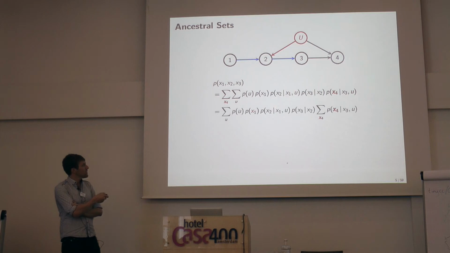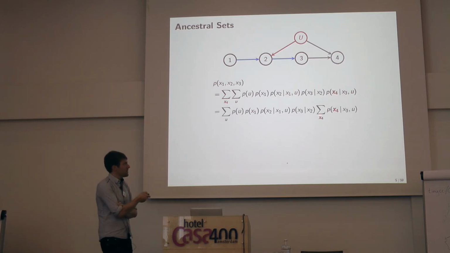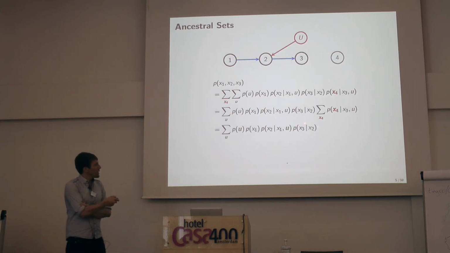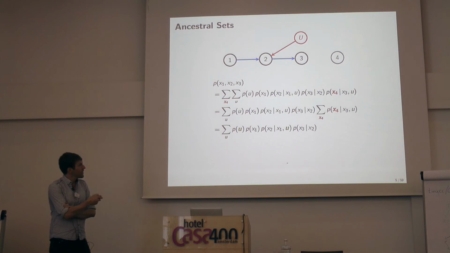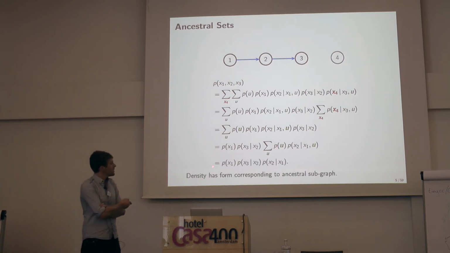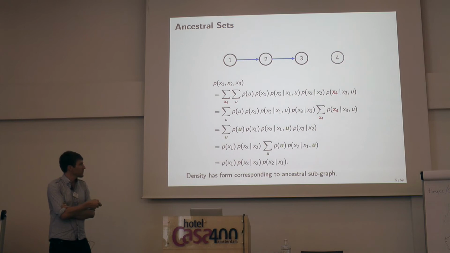So I can push my sum all the way through, and then when it appears in that factor, you just get something that sums to 1, so I can get rid of that term. And what I have left looks like the factorization of this DAG when I don't have x4 in the first place. And in fact, then I can get rid of the latent as well. So I end up with something which corresponds to the ancestral subgraph of the ADMG from the original graph.